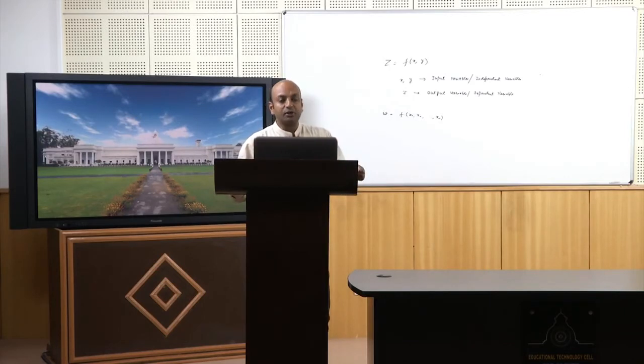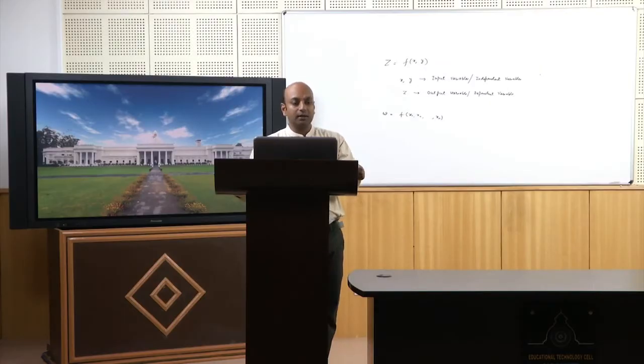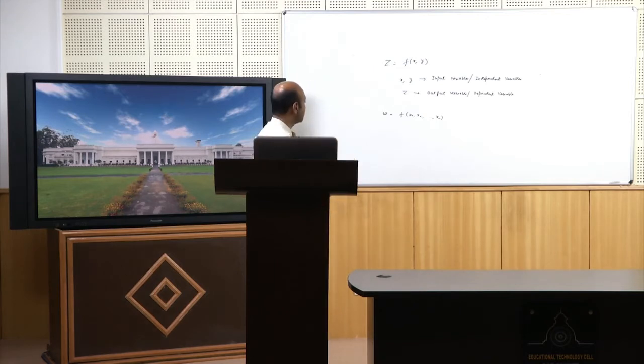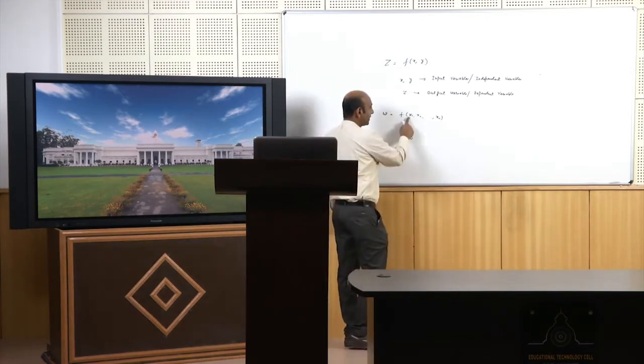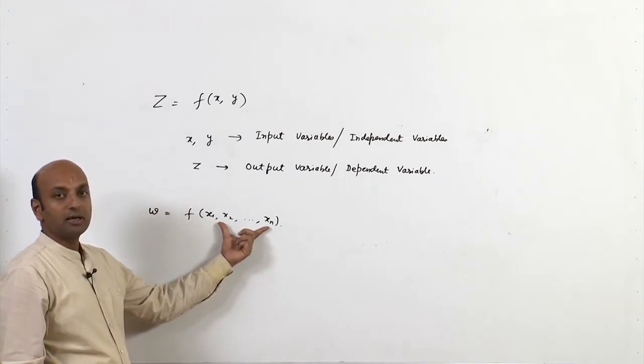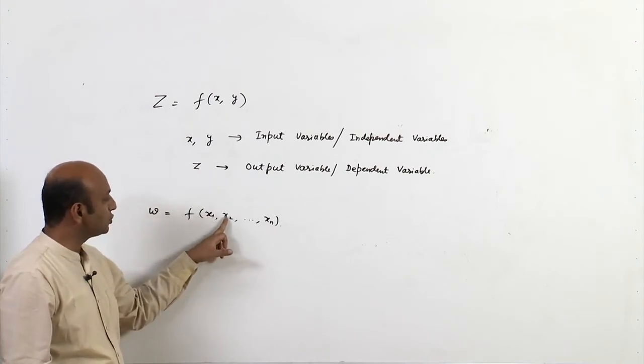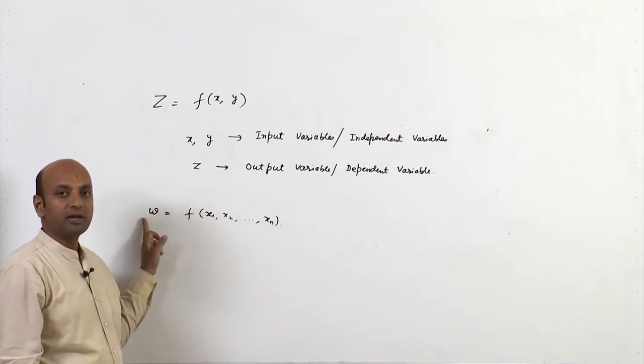Let T be a subset of Rn; a real valued function f on T is a rule that assigns a real number w equal to f(x1, x2, up to xn), where each xi belongs to R. Here these x1, x2, up to xn are the input variables, also called independent variables, and this w which depends on x1, x2, up to xn is called the output variable or dependent variable.